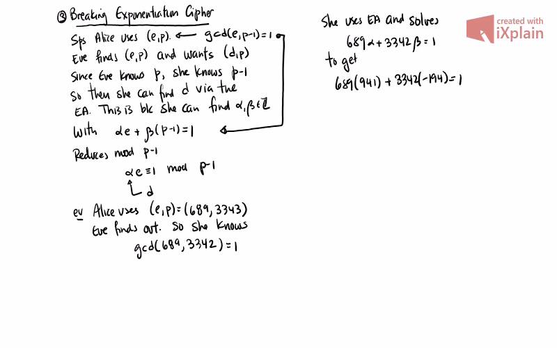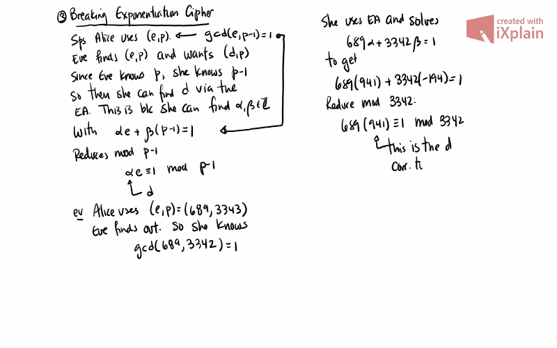That's what she gets from the Euclidean algorithm. She reduces mod 3342. So she gets 689 times 941 is congruent to 1 mod 3342. And so that is the D. This is the D corresponding to Alice's E comma P, and then she can decrypt.